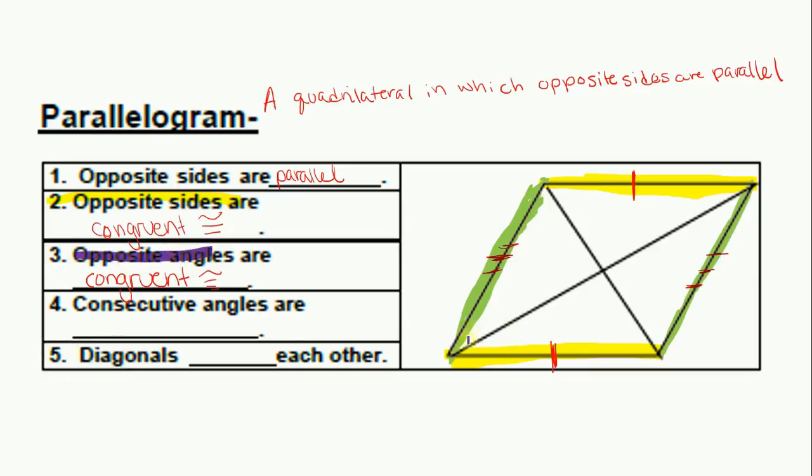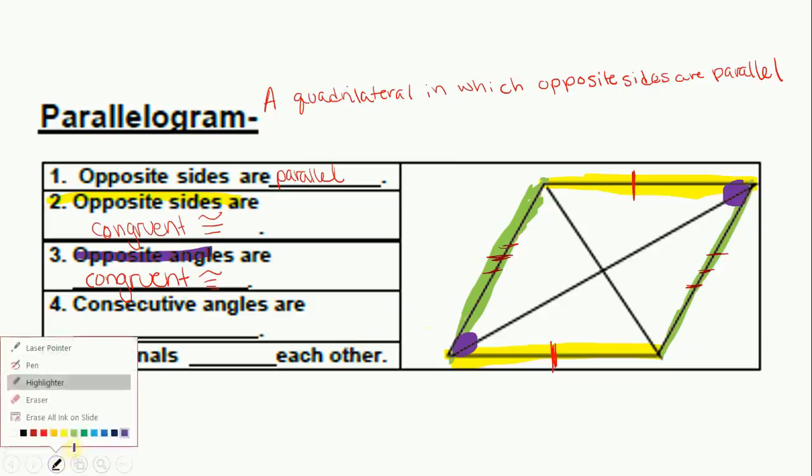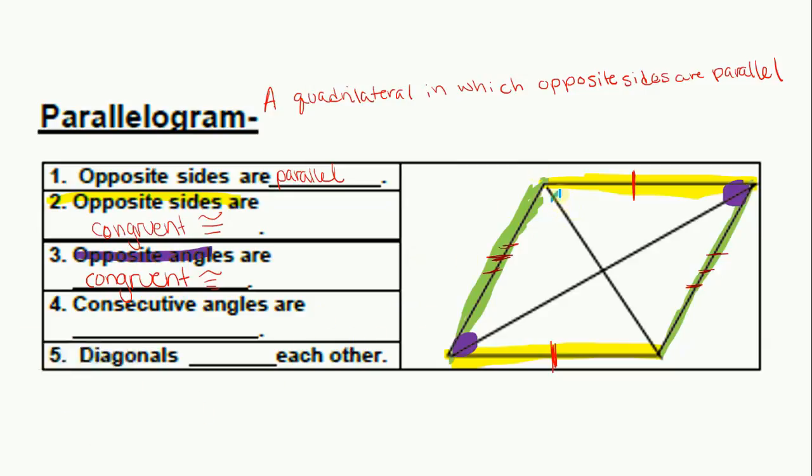This side would be an angle, and then this side over here would be my opposite angle as well to that. So notice how they're diagonal. Notice that both pieces have to be together to be congruent. Another pair of opposite angles that would be congruent would be this pair right here and then this guy over here.